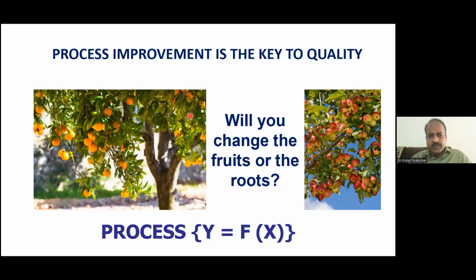But there are certain things which I can't set directly, right? For example, the Y variable. Let's say I'm producing a product which is an aluminum casting. The strength of the aluminum casting is important. I wanted to increase the strength of the aluminum casting. Do you think I can straight away fix the strength the way I want?